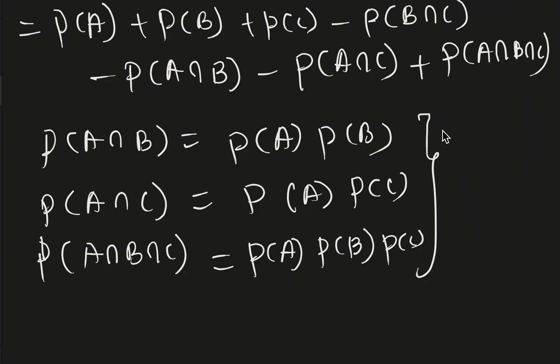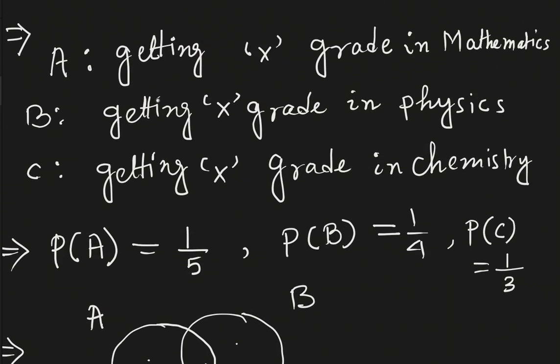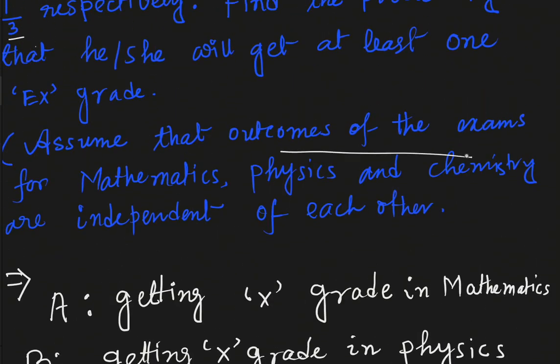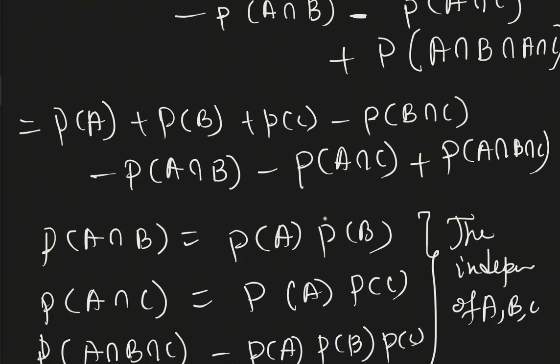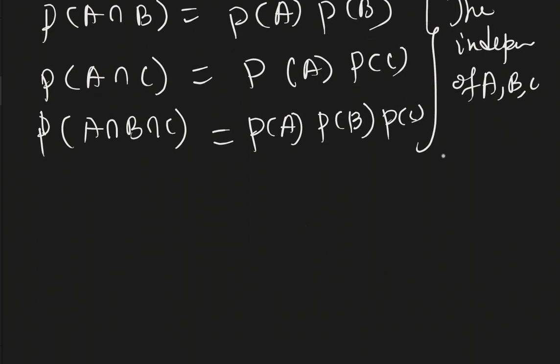And these three we get from the independency of events A, B, C, since here we are assuming that the outcomes of the exams mathematics, physics and chemistry are independent of each other, so we can use the independence axiom.